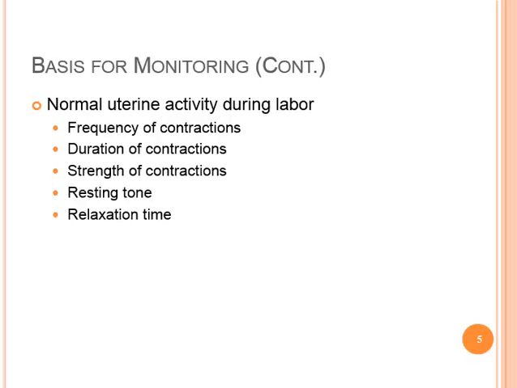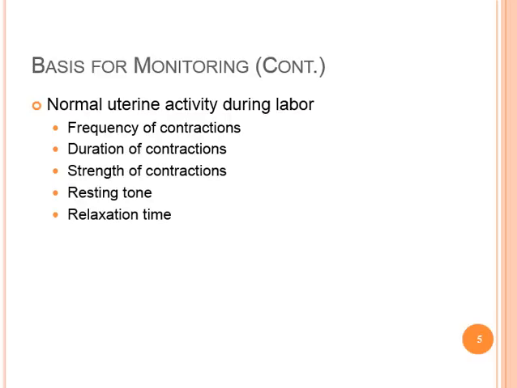Uterine contractions generally range from peaking at 40 to 70 millimeters of mercury in the first stage of labor to over 80 millimeters of mercury in the second stage. Contractions palpated as mild would likely peak at less than 50 millimeters of mercury if measured internally, whereas contractions palpated as moderate or greater would likely peak at 50 millimeters of mercury or greater if measured internally.